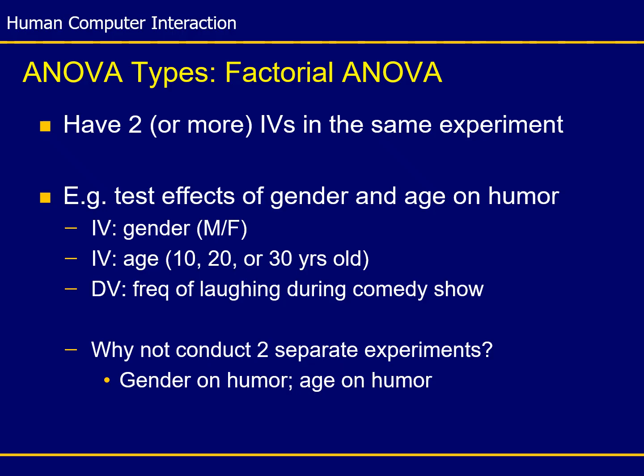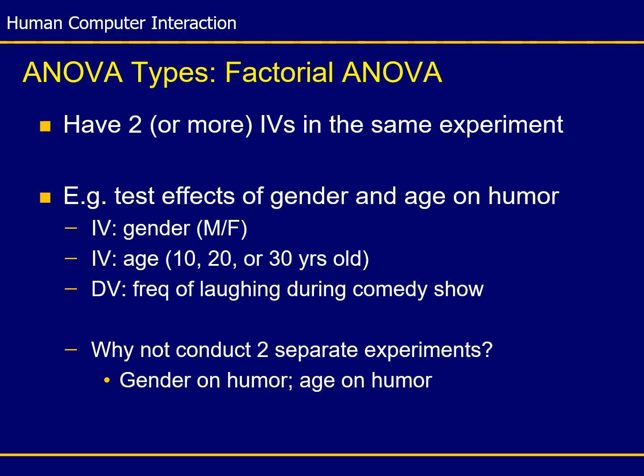In one portion you have gender, male and female, and the frequency of laughing, and you deal with that separately. In another portion you have age and the frequency of laughing, and you treat that as a separate experiment as well. So that's possible, but there is a problem.